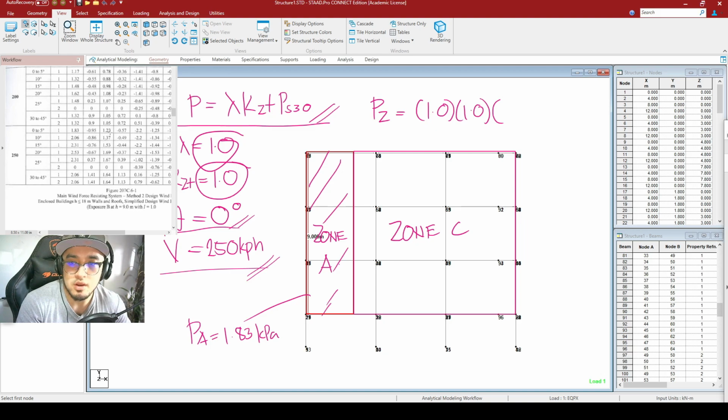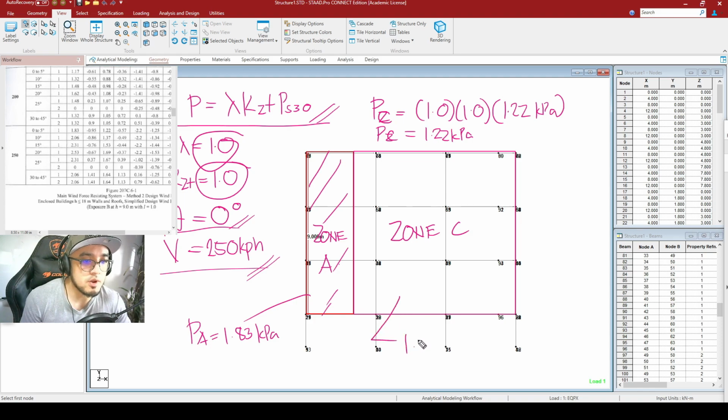So 1 times 1 times 1.22 kilopascal, then this is 1.22 kilopascal. Sorry, this should be PC, not PA. So with such, this is now to be equal to 1.22 kilopascal.